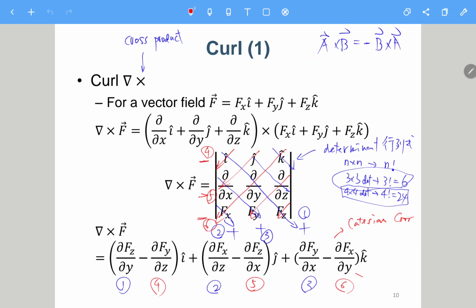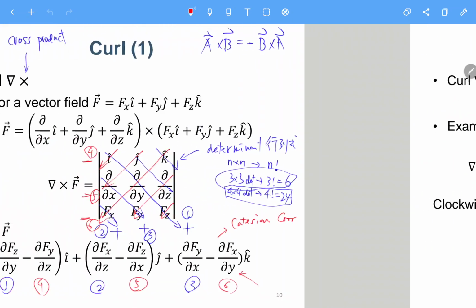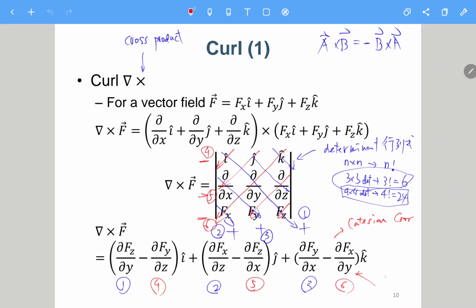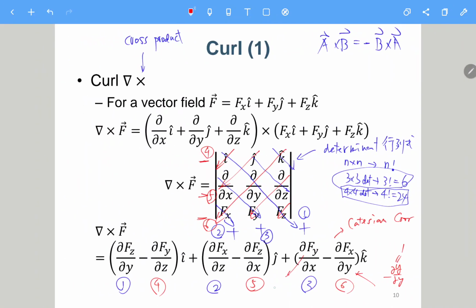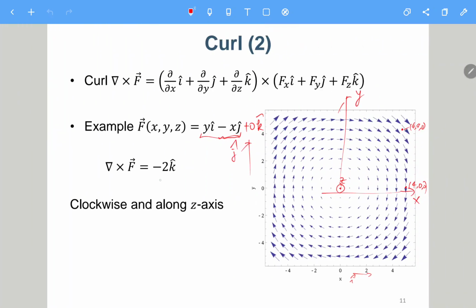F_x is y, so we have a negative y, partial y, which is 1, so we have a negative 1. Then here we also have negative x as F_y, and we take partial x of negative x, which also gives you negative 1. So altogether we have a negative 2k hat.